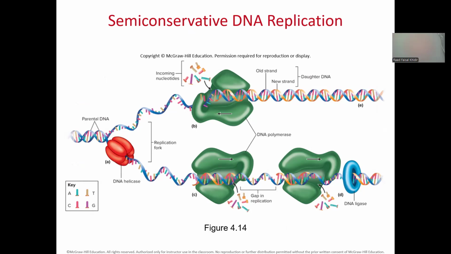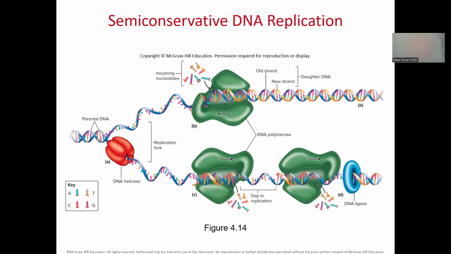You need to know DNA helicase, that's the one that's going to unzip and unwind the DNA. Unwind the helix, for helicase. You need to know that the DNA polymerase is going to be working from 5' to 3'.